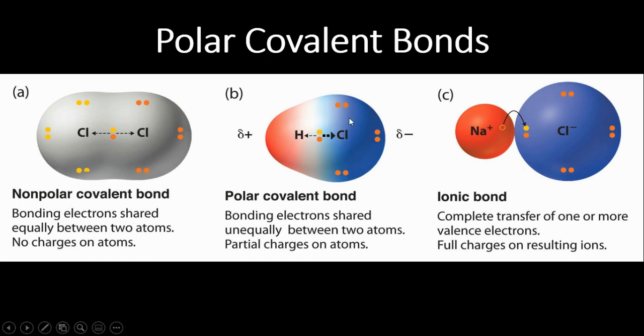If we look at this polar bond here with hydrogen and chlorine, yes, they are sharing electrons, but since chlorine has a higher electronegativity, those electrons are going to spend more time with chlorine, and hydrogen is going to get that partial positive charge, and chlorine is going to have a partial negative charge. Ionic bonds are a complete transfer of one or more valence electrons, and in this type of bond, a full charge actually happens. But we're not going to focus on ionic bonds in this video.